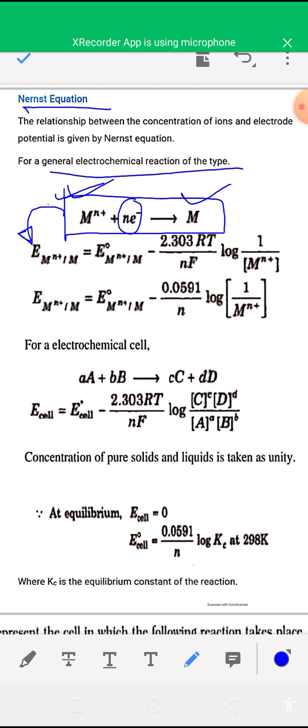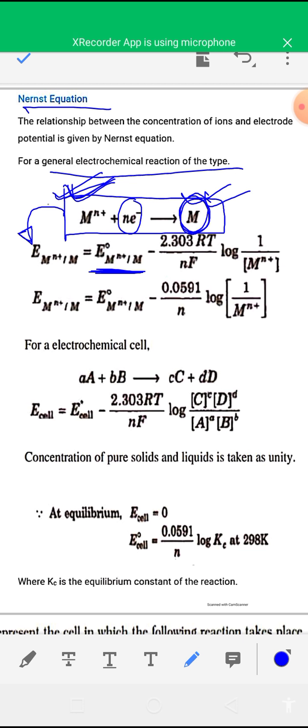This is actually an electrode reaction, and this is the cathode, because a reduction reaction is taking place. So the electrode potential of this electrode, E(M^n+/M), is equal to E0(M^n+/M), the standard electrode potential, minus 2.303RT/nF into log of the concentration of the product divided by the concentration of the reactant.